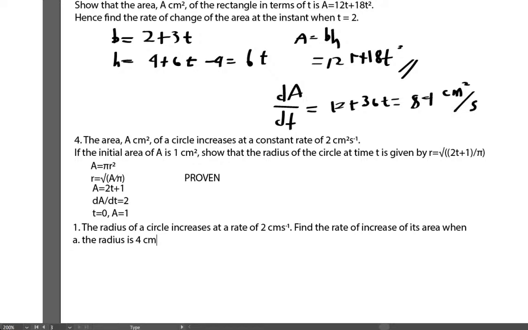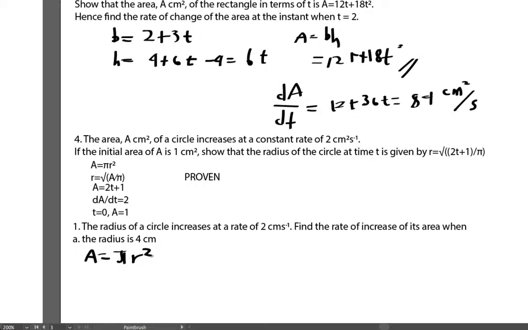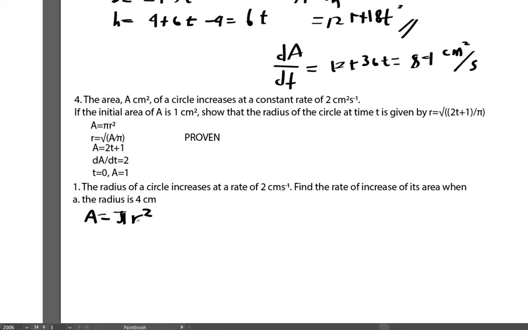So, first things first, we know that the area equals pi r squared. But then we want to differentiate according to time. Remember that we differentiate this according to time, dA over dt.